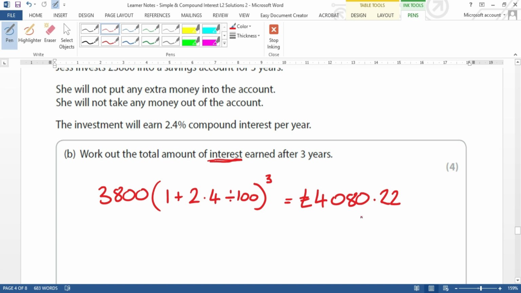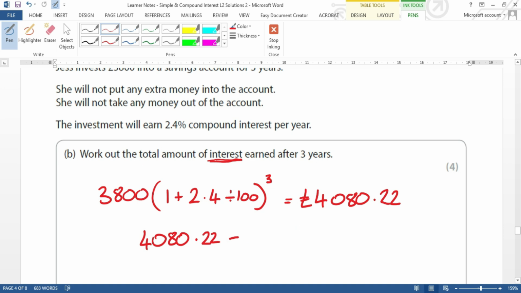But obviously this is not your final answer. Just be careful. Don't be tempted to put this as your final answer, because they're asking for the interest. We've got here the amount in the account at the end of 3 years. So we're going to have to take away the initial amount, which will leave us with just the interest. So I'm going to have to do 4,080.22.